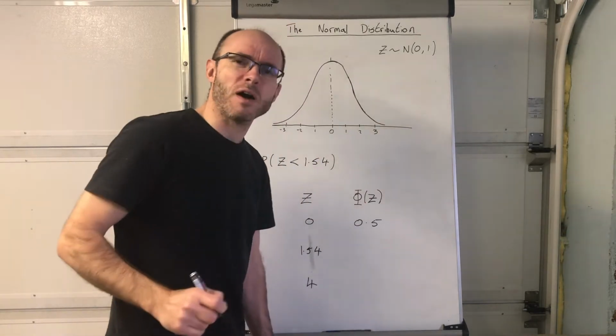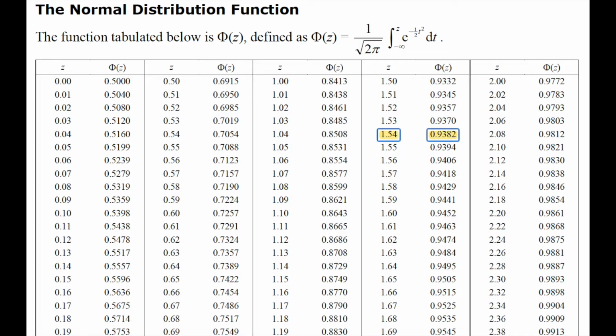Let me just show you the part of the table I'm looking at. Remember I said that you effectively got two columns. Well, because you can't fit all the numbers from 0 to 4 on, they've been split across the page, so to speak. So highlighted, you can see when z is 1.54, and then we're looking at phi of z, we want to read off what that value is.